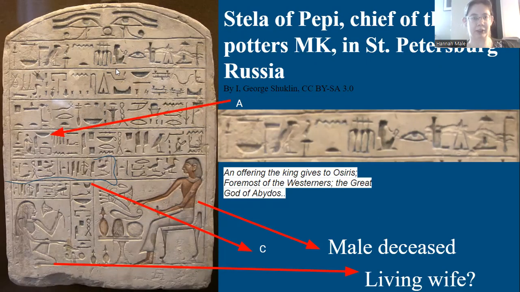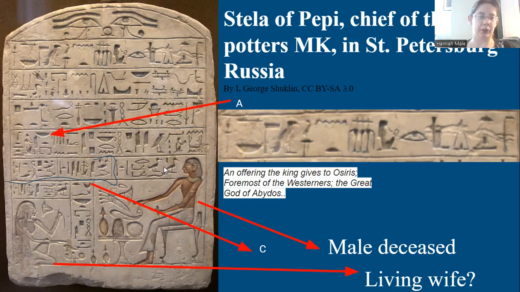And so you see that offering formula here, an offering that the king gives to Osiris for, I think this is the foremost part of the Westerners. And then I think this is the great god of Abydos part here.